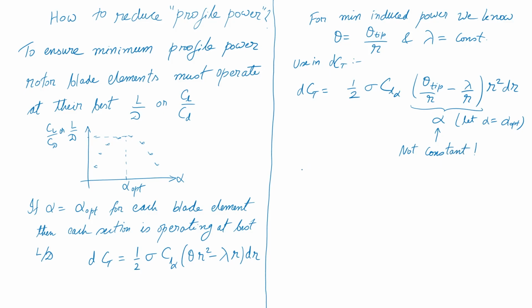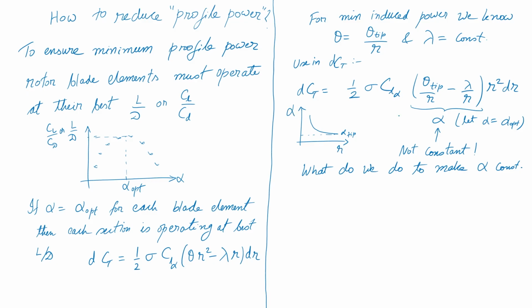Question is, what do we do to make alpha constant and be equal to this alpha optimum, which gives me my max L by D. So, right now if I plot this alpha as r tends to 0, your alpha will vary like a hyperbola equation, right, where this is alpha tip, sorry, this is alpha versus r.